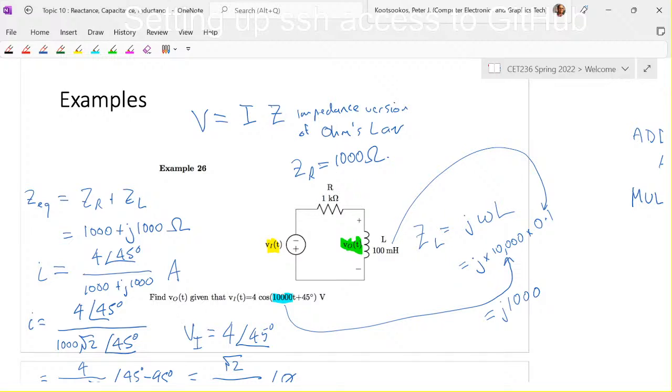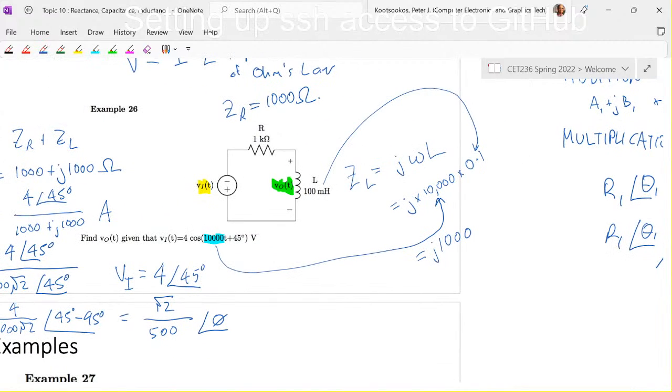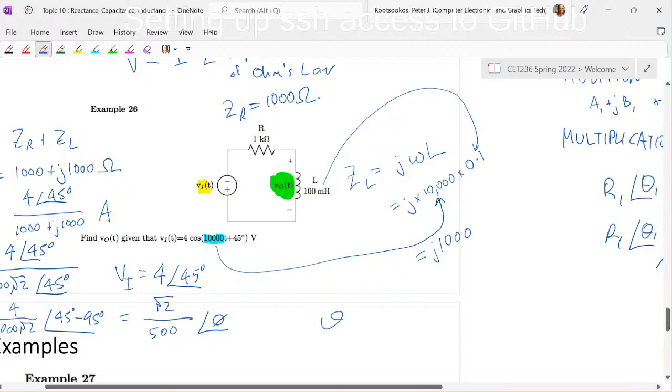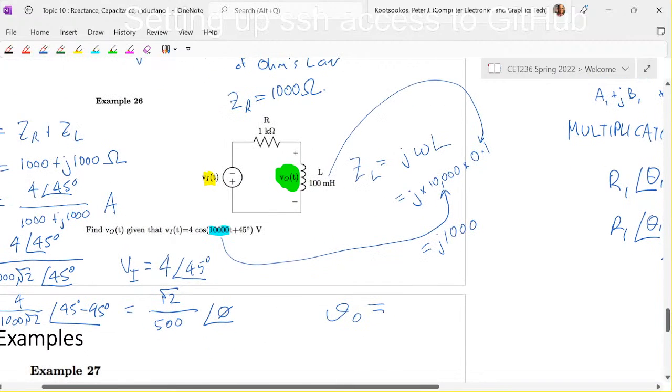Oh, sorry, you're right. We didn't finish the question, did we? So we've got the current. The question is what is V out. So V out is just V equals IZ. So we've got root 2 on 500 times ZL.